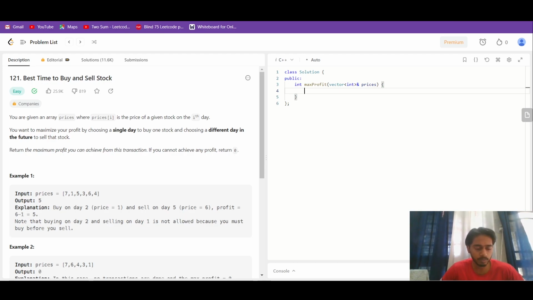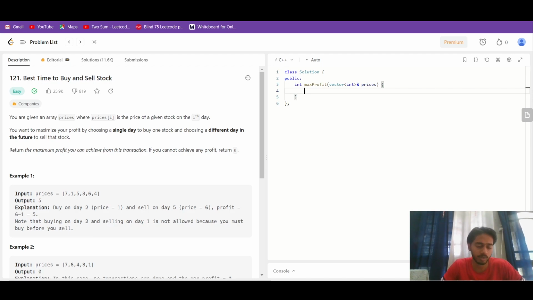So what we will do, the brute force approach can be, we iterate through the array, and if I is at the first element, then we run another loop from the next element to the last. We run j.